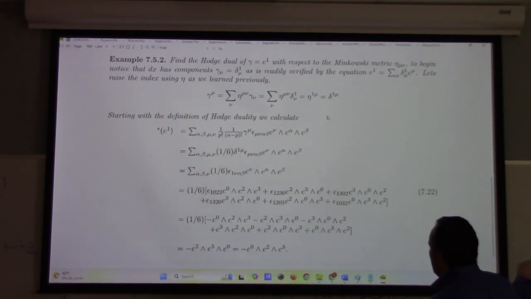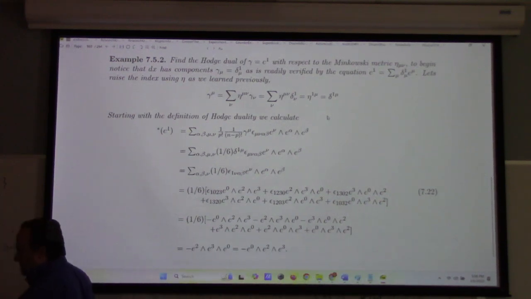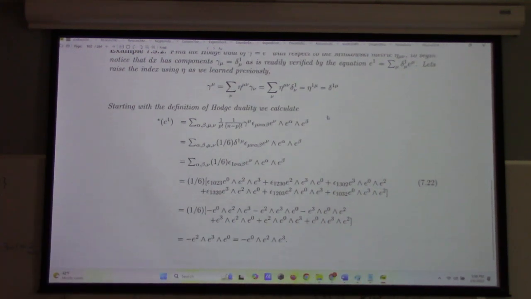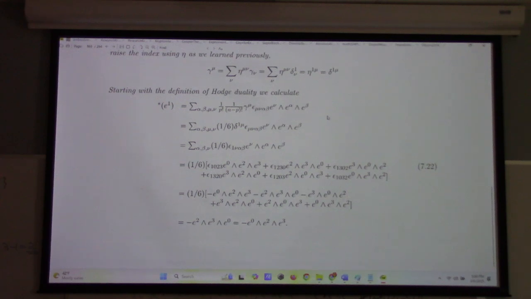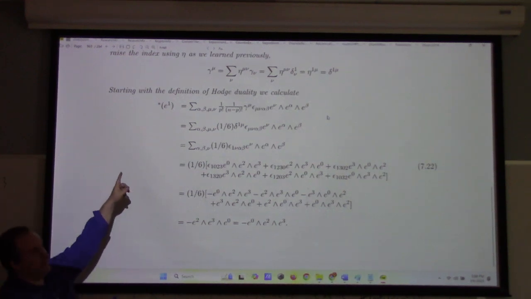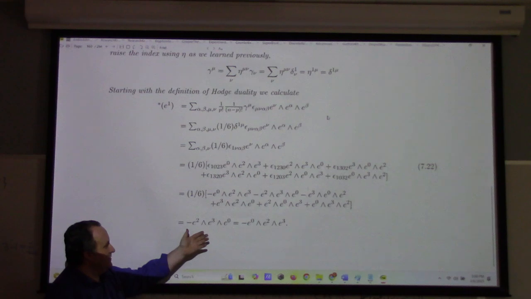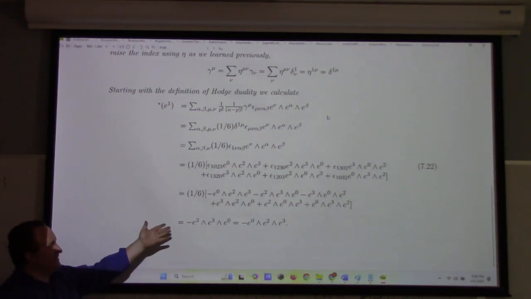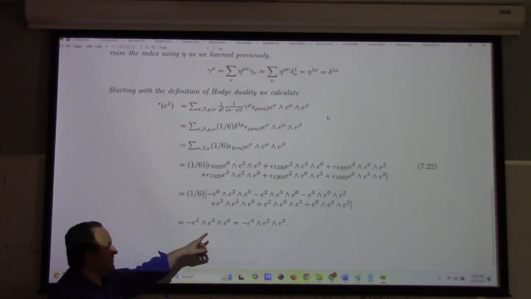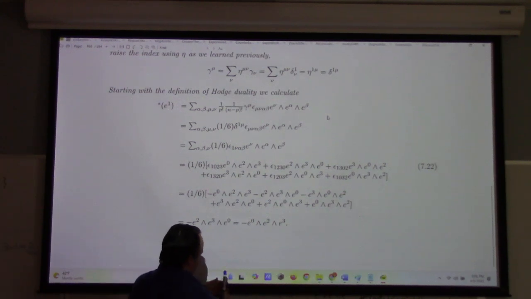I'm just saying what I told you over here is bogus. What does e^0 have to be in the alpha? e^0 has to be in the alpha. Is it? Oh, e^0 is not in the alpha. So I just kept the minus. Right. Okay, thank you. So it is consistent with what I said earlier, if I could just remember what I said. The 0 is not in the alpha, then I'm Hodge dualing e^1. There's no 0 there. So I keep, well, this isn't the algorithm, right? But this is consistent with keeping the minus that you'd get from permuting the one.